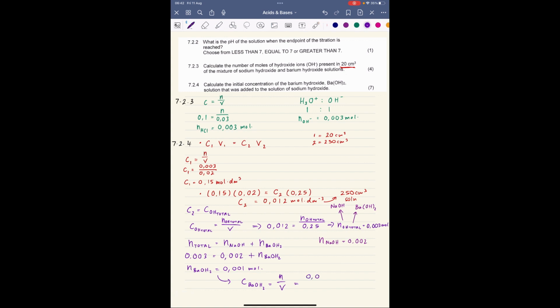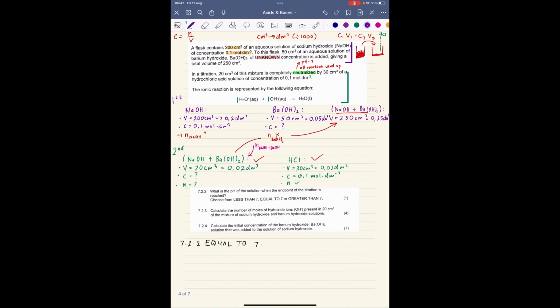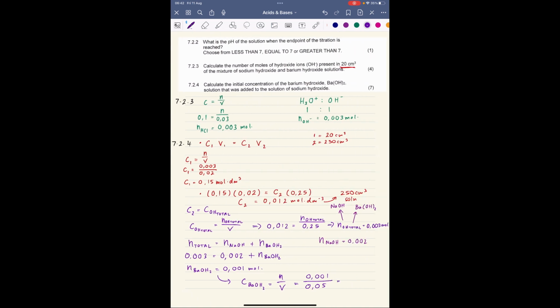It's going to be 0.01 divided by 0.05. And then when we put that in a calculator, we get a concentration of 0.2 moles per decimeter cube.